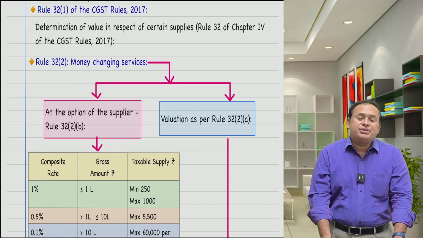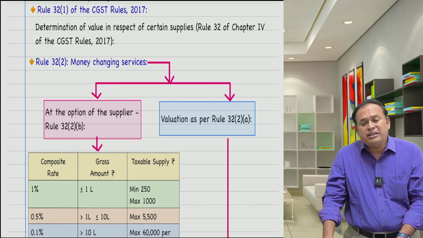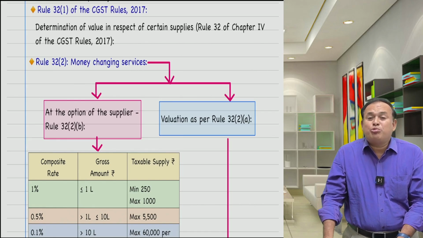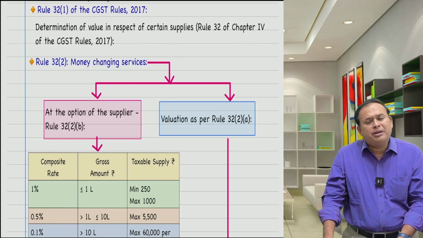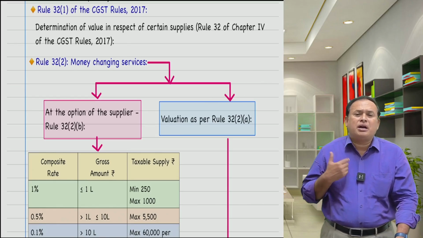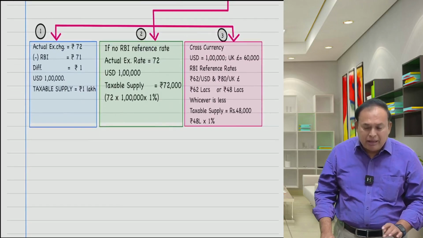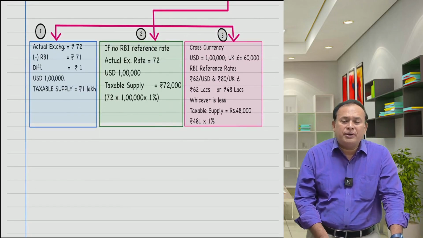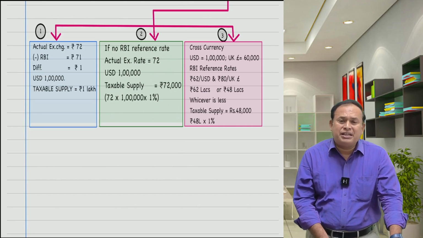In those cases, how should we arrive at the value? The valuation in the hands of the money exchanger is as per rule number 32, sub rule number 2. It may be class A or class B, left to the option. Class A, if you refer, involves three situations. Actual exchange rate compared with the Reserve Bank of India exchange rate.